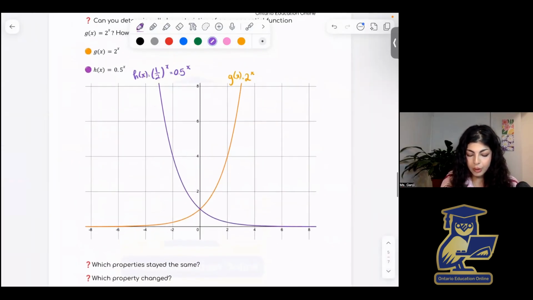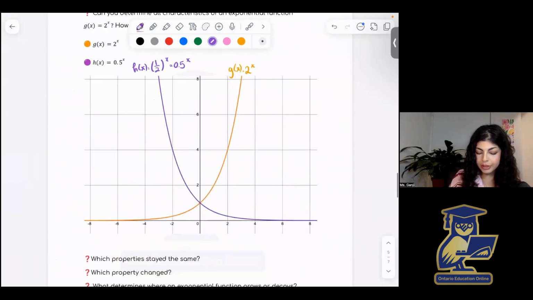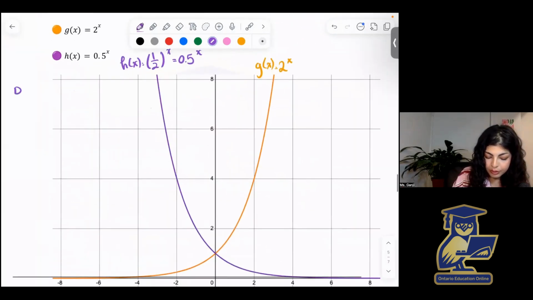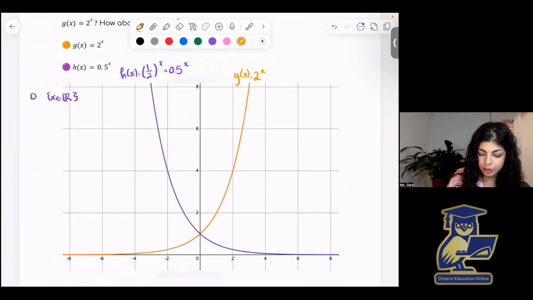Okay, so again, we want to go through this list, starting with our domain and range. So the domain here, x is the set of all real numbers. And same with our exponential growth, so y equals 2 to the x.